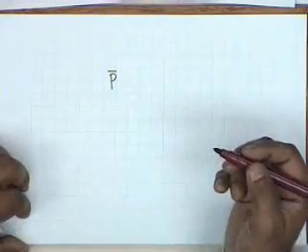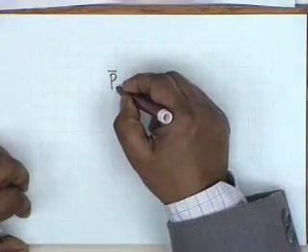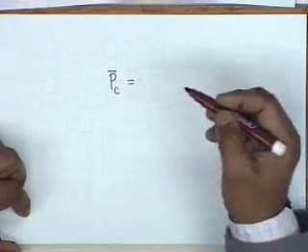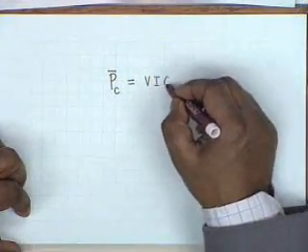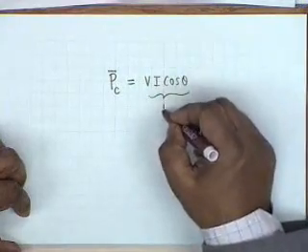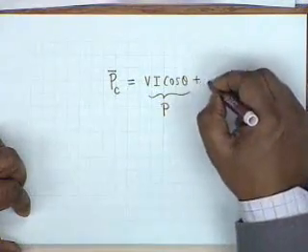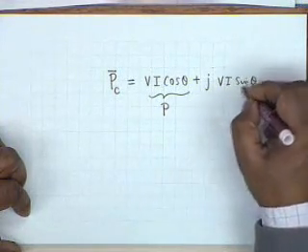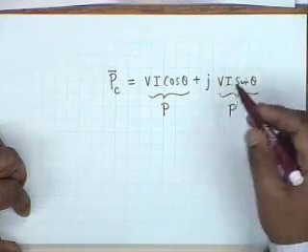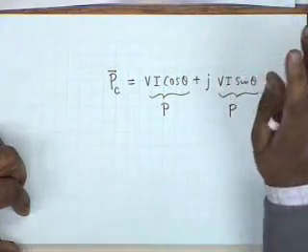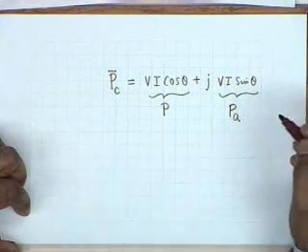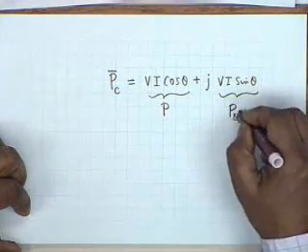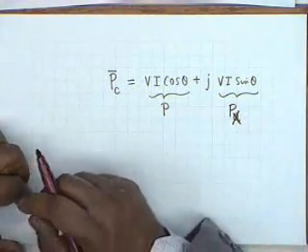Let's call this P C, complex power. It's a phasor, and its real part is, we shall reserve the symbol capital P for this, plus j V I sine theta, and this power, its unit is VAR, it's also called the reactive power. Let's call this the reactive power, P x.